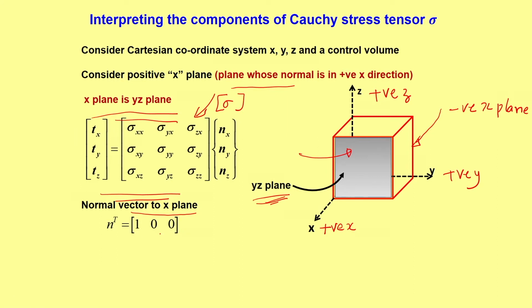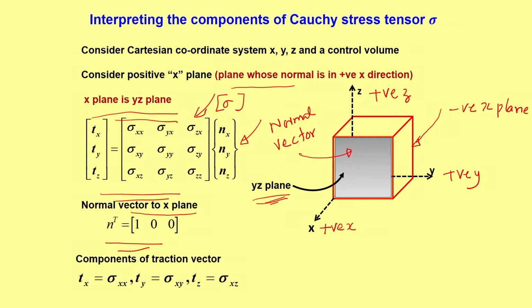So, you can easily write what is the normal vector. So, for x direction it is 1 0 0. So, n transpose is given in this manner, and similarly for y it will be 0 1 0, and for z it is 0 0 1. So, normal vector to x plane is defined, that is n transpose is given.